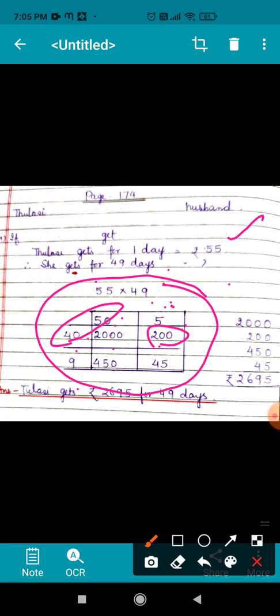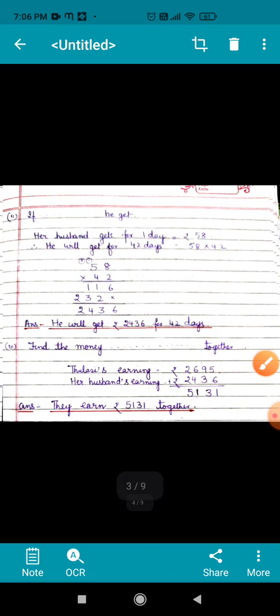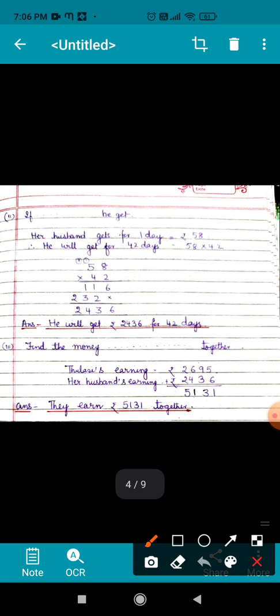Similarly, we multiplied 50 and 9, 450, and 9 and 5, 45. Then when we added all these numbers together, we get 2695. It means Tulsi gets rupees 2695 for 49 days.